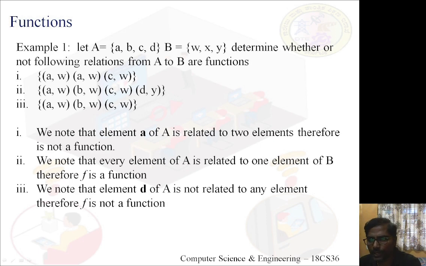A function f from A to B is a relation from A to B in which all elements of set A should be related to exactly one element of set B. So now let me observe, analyze the first relation from A to B.